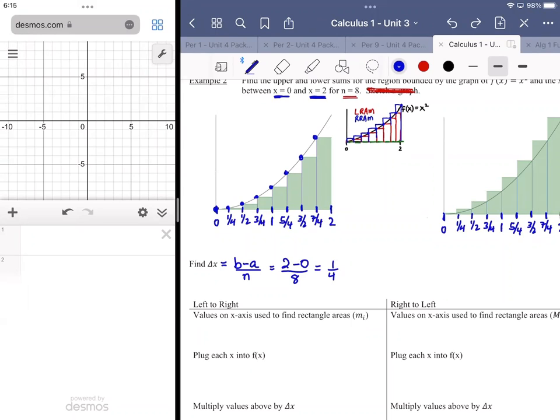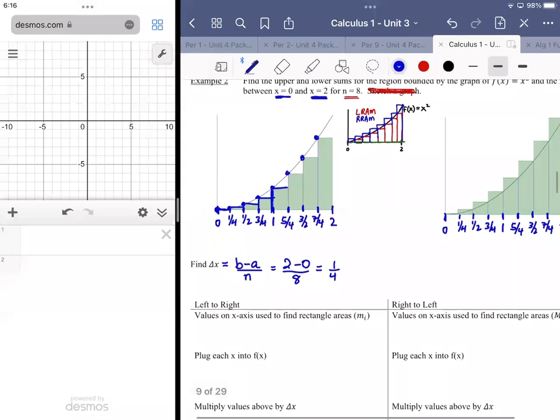Every other point gives us a height. One of them gives us no height, a height of 0, but in theory it would still be a rectangle. 1/4 gives us a height, 1/2 gives us a height, 3/4 gives us a height, 1 gives us a height, and so on. All these values give us a height along the curve, a height corresponding to the rectangle.